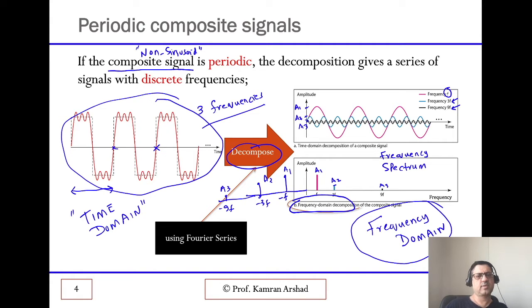But for the sake of simplicity, we are not sketching the negative side of the spectrum here. As a communication engineer, honestly, most of the time we are interested in the positive frequencies, but it's important for you to understand that there is always a negative frequency as well. That's why your signal is a real signal. If it has only positive frequencies or only negative frequencies, then it's a complex signal. It's not a real signal, right? We will talk about it later on.